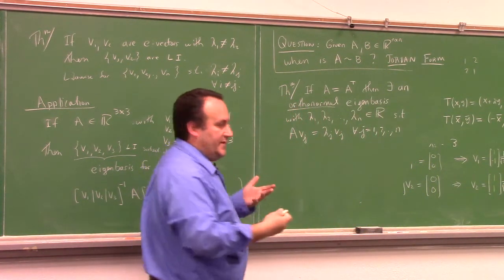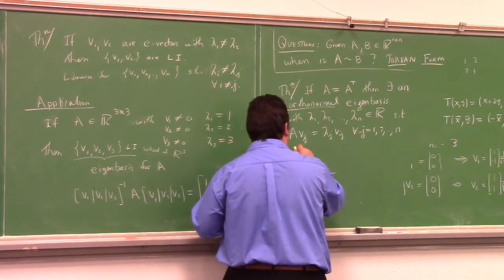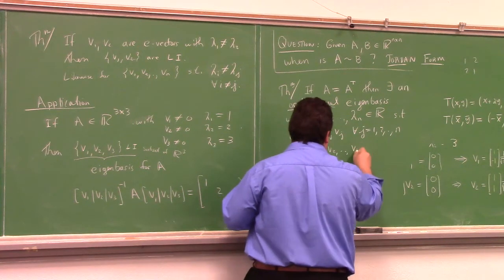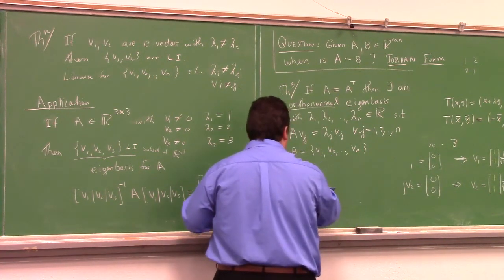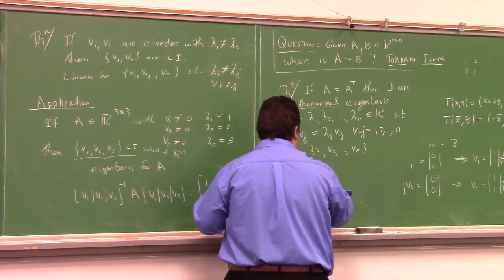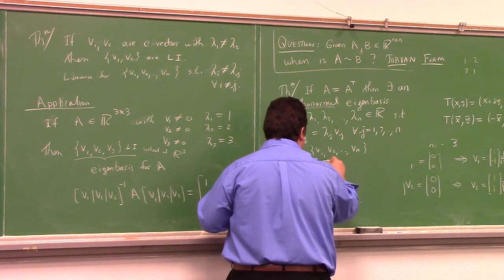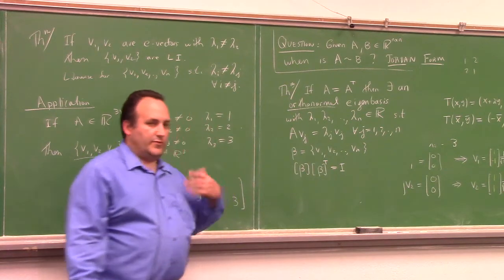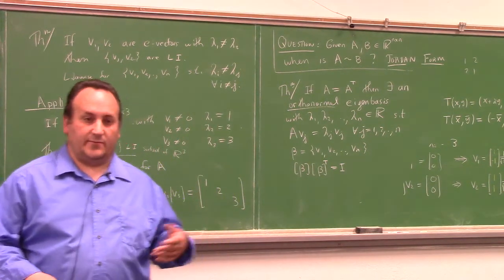Orthonormal eigenbasis, though, that means that if I take beta, v1 through vn like that, then the matrix of beta times the matrix of beta transpose is the identity. These vectors are pairwise perpendicular, and they all have length 1.